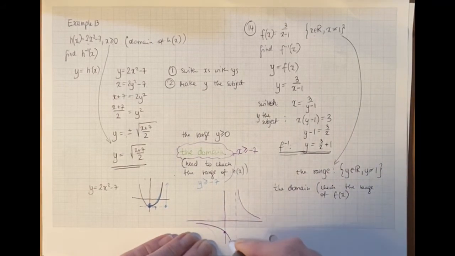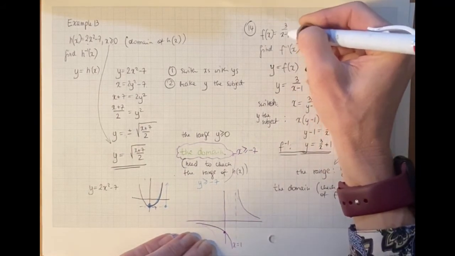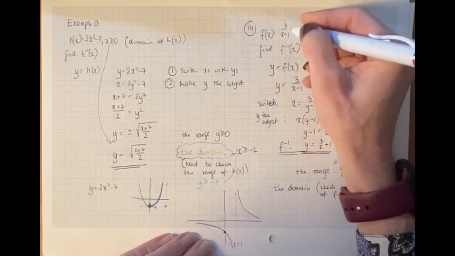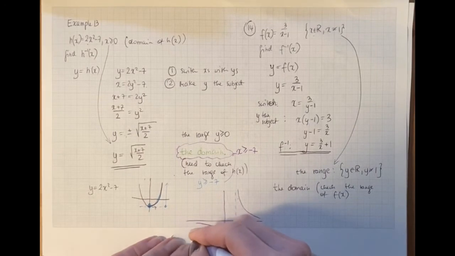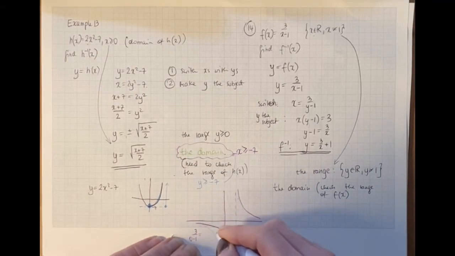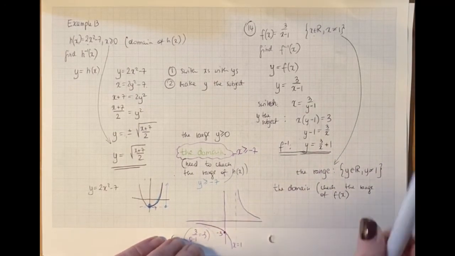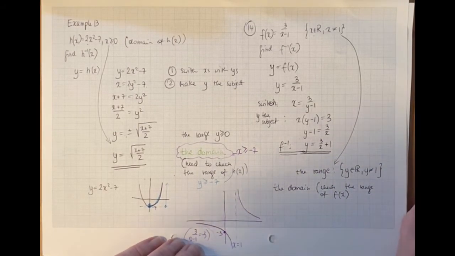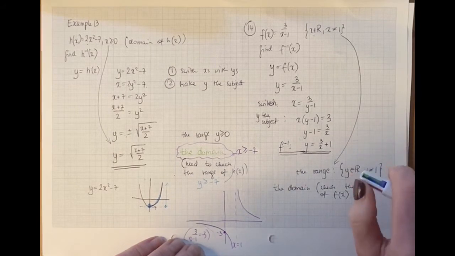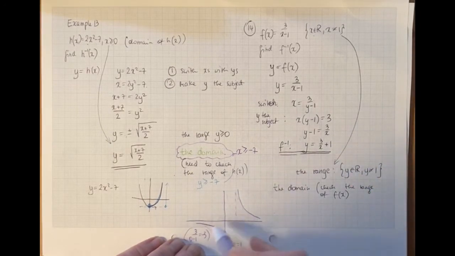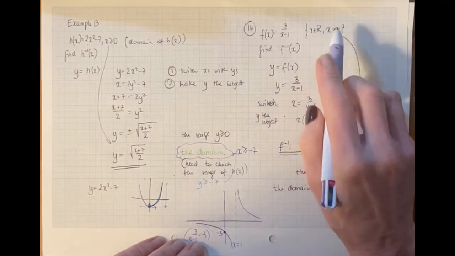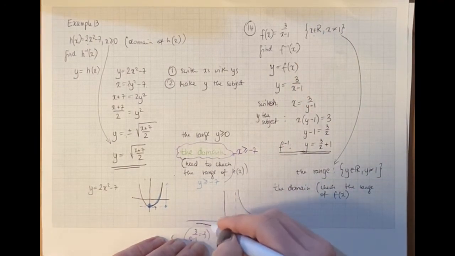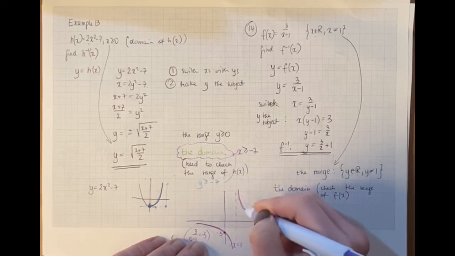This value can be found very easily by making x equal to 0. So it's going to be 3 over 0 minus 1, which gives me minus 3. Okay, so this is that point. Not that we need it to answer this question. So what is the range of this function? So there was no restrictions on the original function apart from the asymptote. So we've got the whole 2 branches.